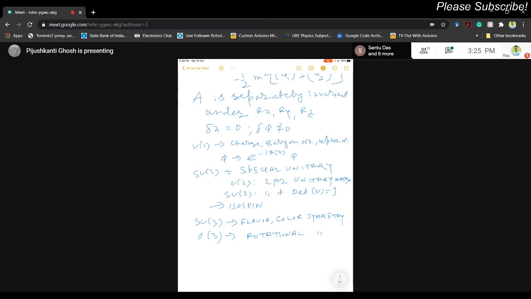The underlying symmetries are SU3 times SU2 cross U1, special unitary groups, some kind of direct product, and then U1. In the standard model, charge conservation comes from this U1, electroweak interaction comes from SU2, and strong interaction comes from SU3, and there are some unknown problems also.